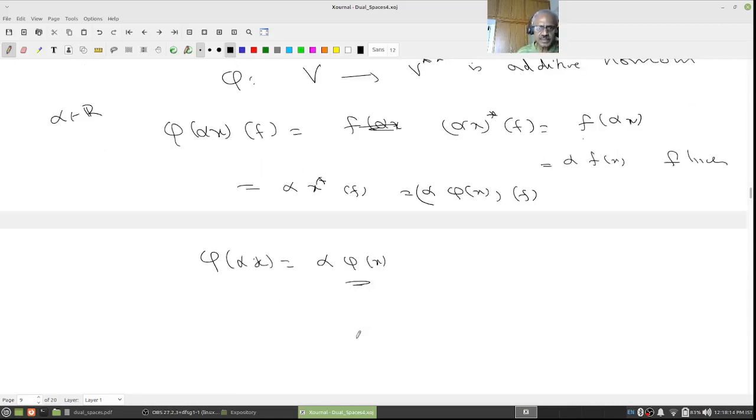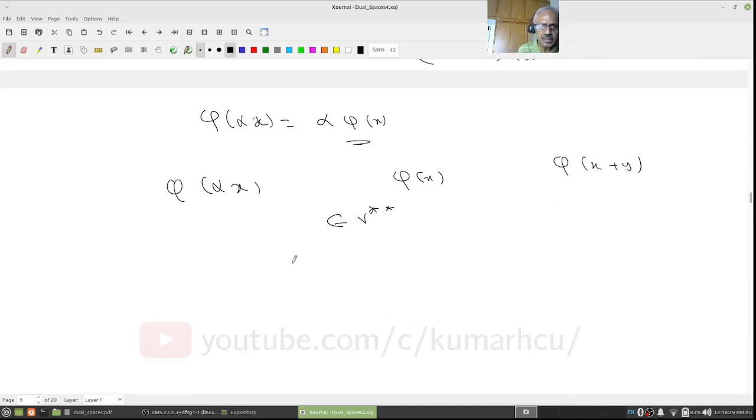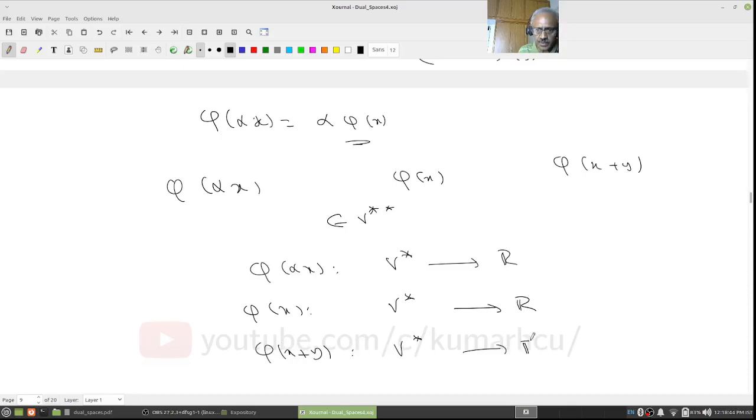Please note that if you are a BSc student, these things may be a little confusing. What is phi of alpha x or phi of x or phi of x plus y? They all belong to V double star. That means phi of alpha x is a linear map from V star to R, and similarly phi of x is a linear map from V star to R. Phi of x plus y is a linear map from V star to R, right?